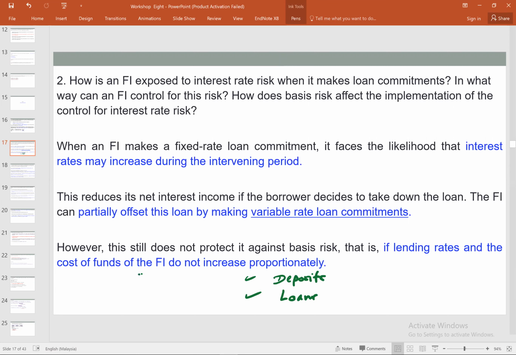For example, if this was 6% and it goes to 7%, maybe this goes to 7.5%, and the loans go from 8% to 9%. As you can see, they don't go 1% on the deposit side. This is what we call basis differences.